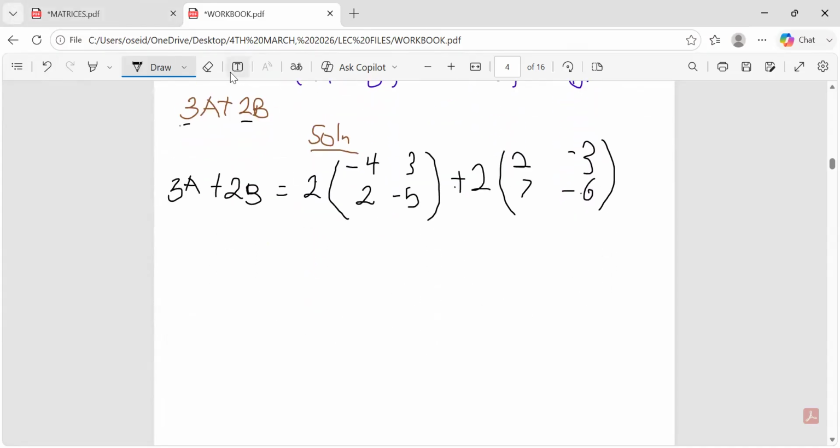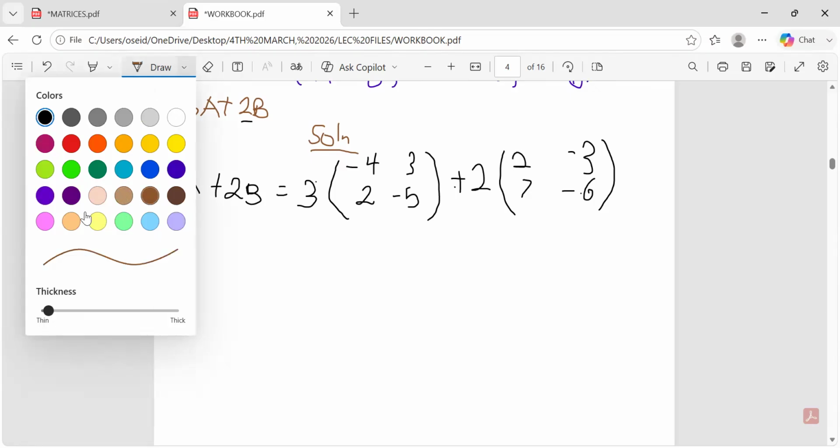Oh, sorry, here is not 2, it's 3 rather. Yes, because this one is 3, alright.